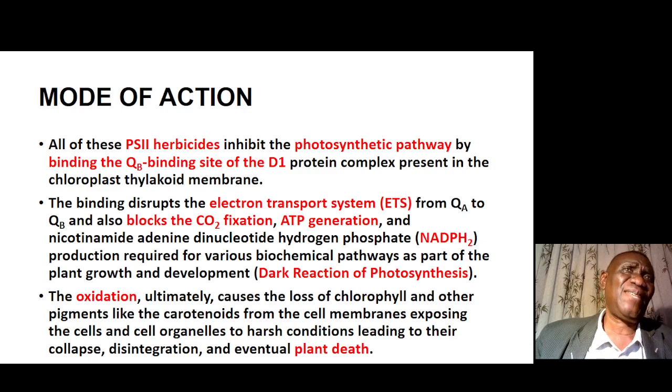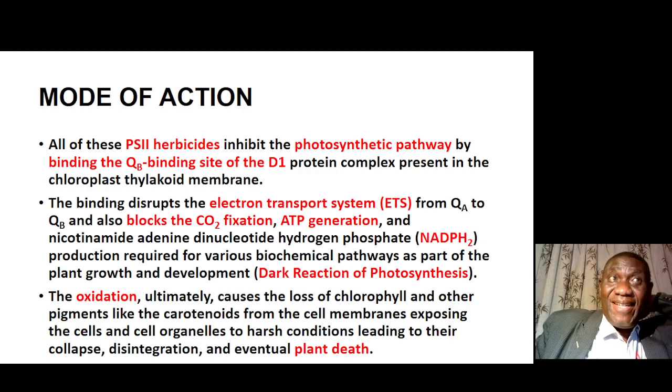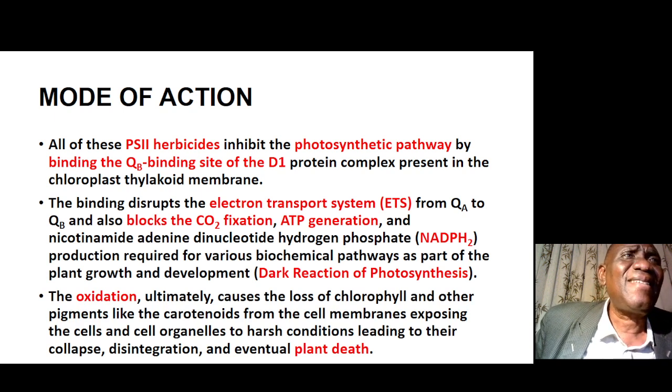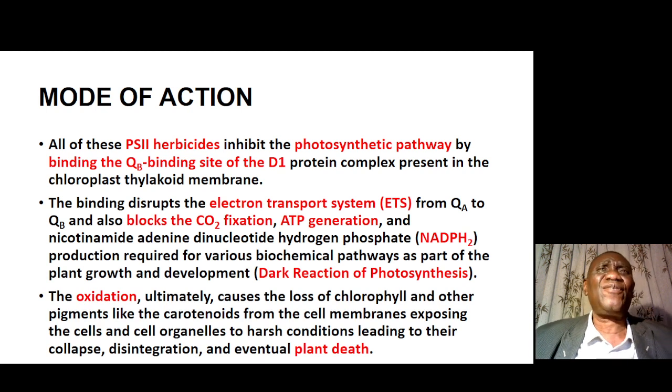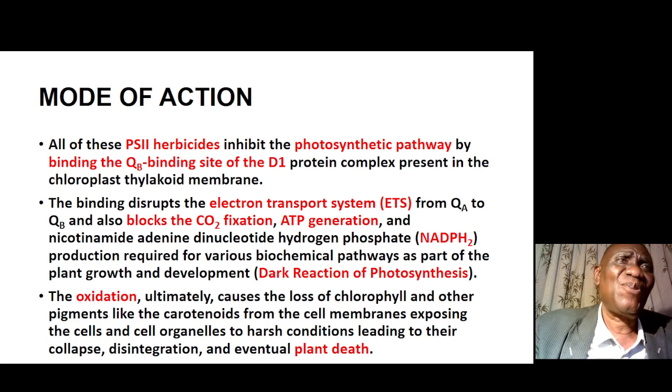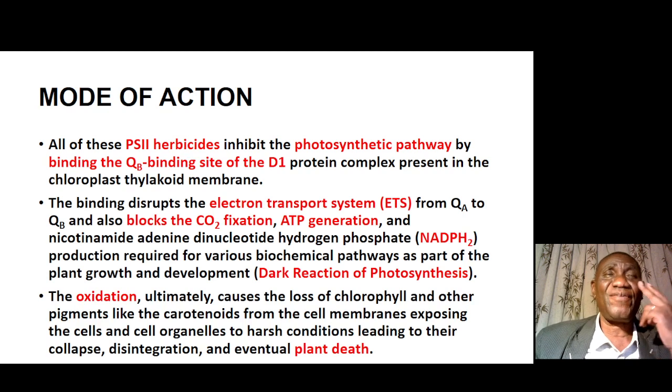And of course, if you affect the light reaction, you eventually affect also the dark reaction, because it uses what comes from the light reaction. There's also oxidation, probably because of production of peroxides, which can lead to the death of the plant. So these are some of the details if you are interested in them.